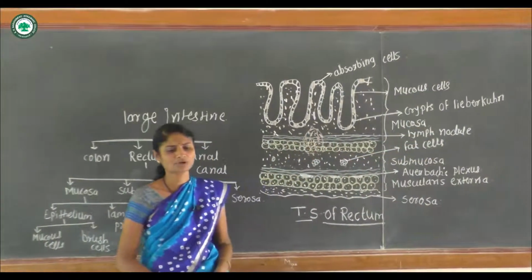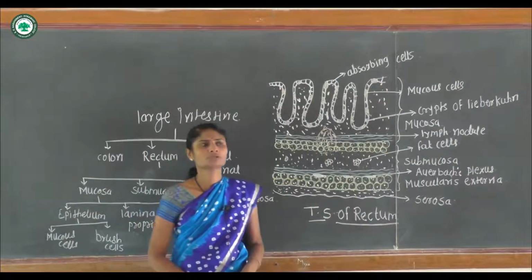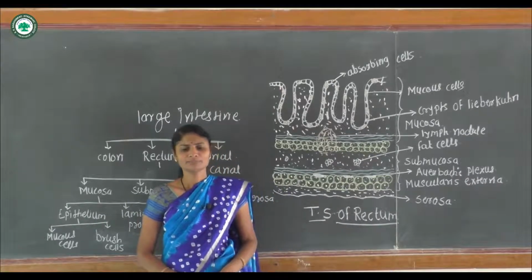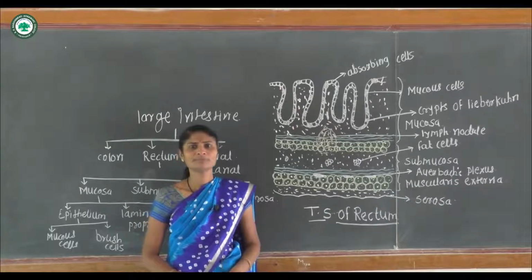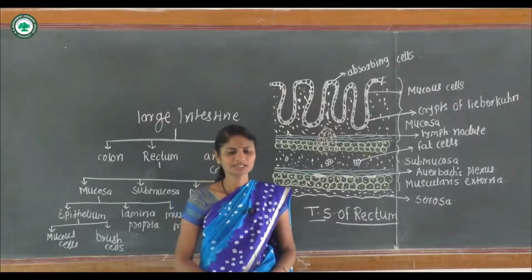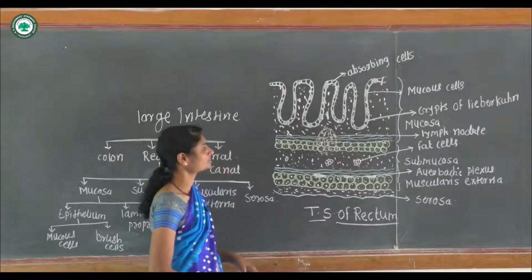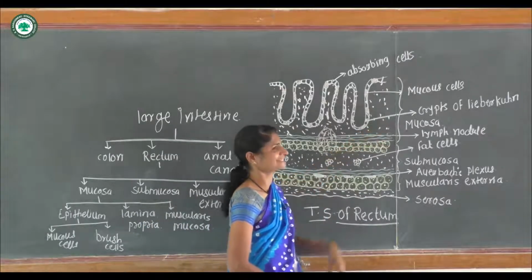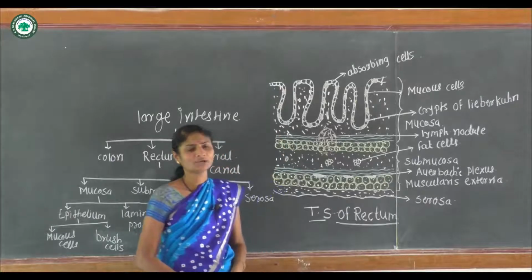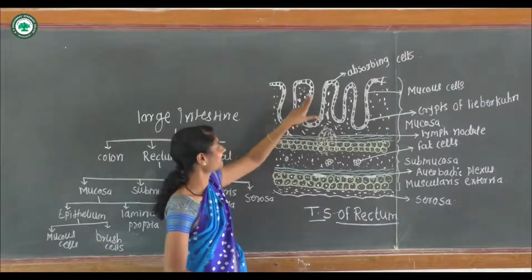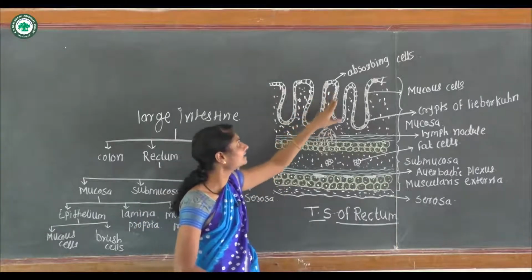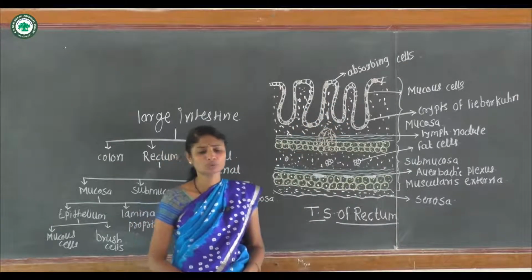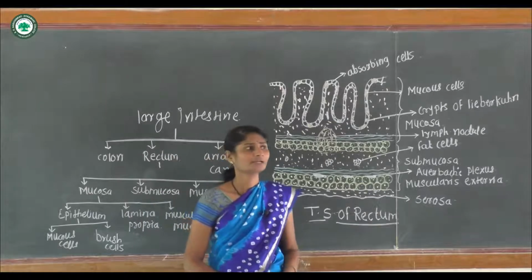These crypts of Lieberkühn consist almost entirely of mucus secreting goblet cells. In these crypts, Paneth cells and argentaffin cells occur rarely, and these gland cells mainly consist of goblet cells, that is mucus secreting cells.